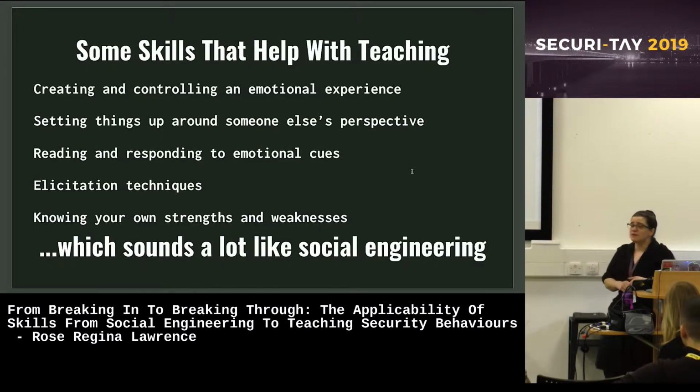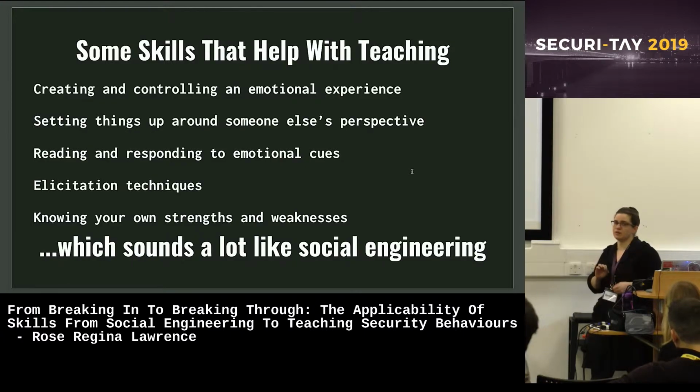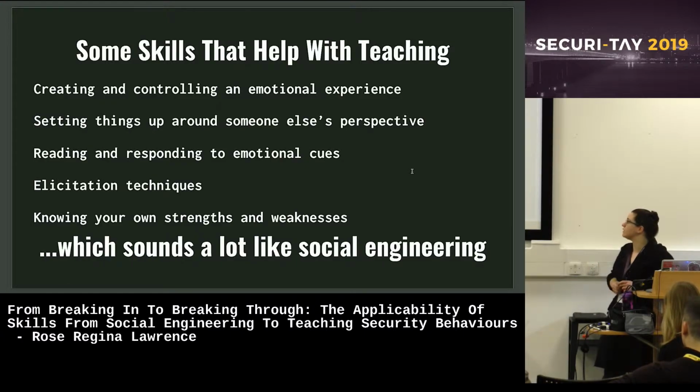There's a huge benefit to being able to read and respond to emotional cues, and elicitation techniques are huge in both. Being able to ask good questions that either help you get good information or help steer other people to where they need to be is incredibly powerful. And with that, know your own strengths and weaknesses. Build on your strengths, and figure out how to counteract your weaknesses, ideally not the other way around.